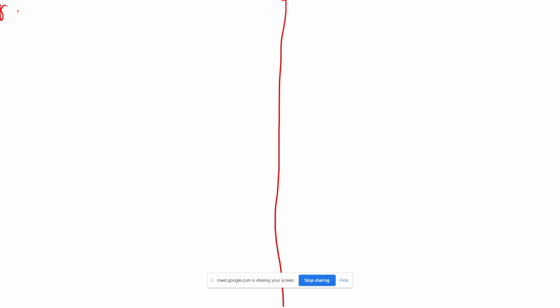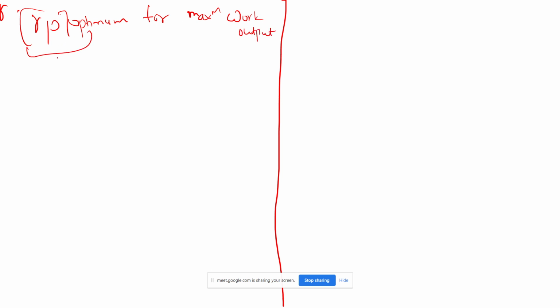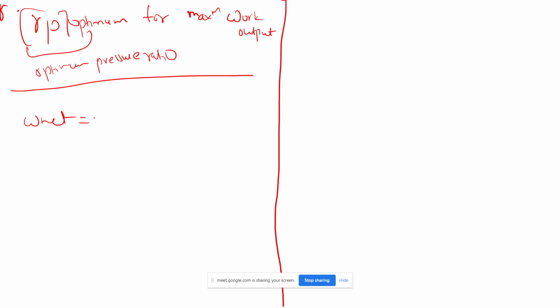So what will be the rp, that is the pressure ratio, optimum for maximum work output? You can also call this the optimum pressure ratio.